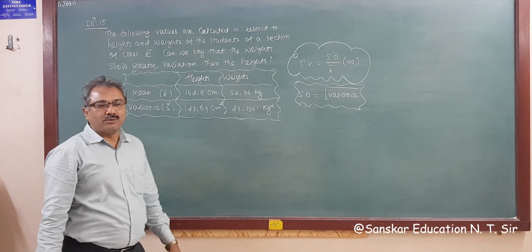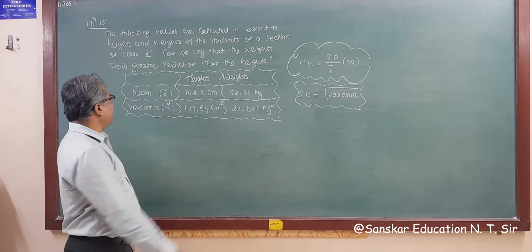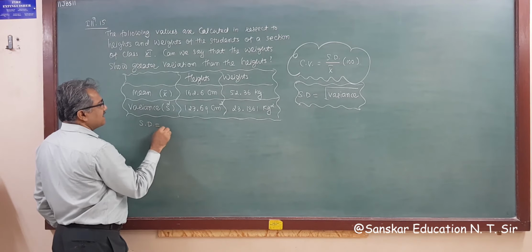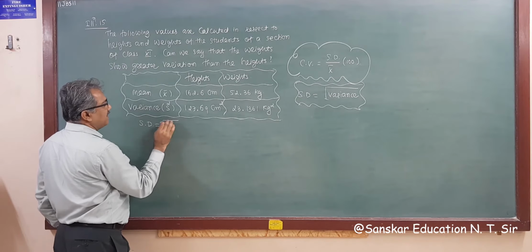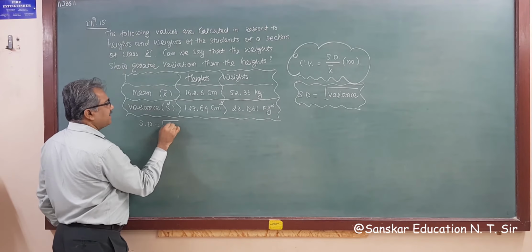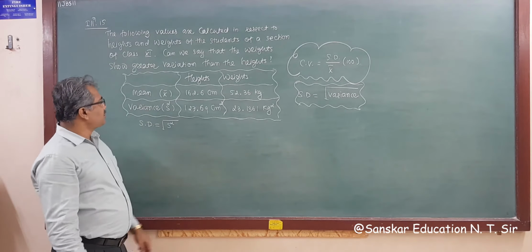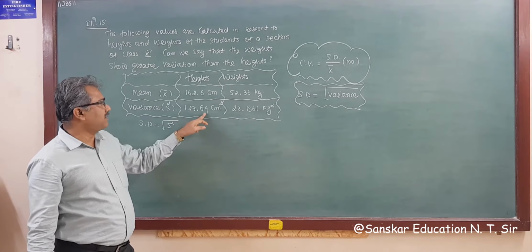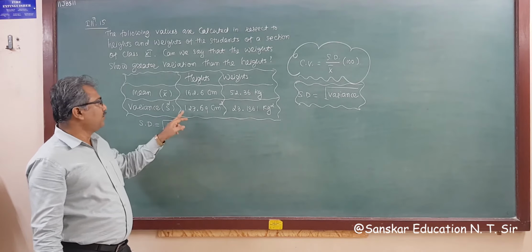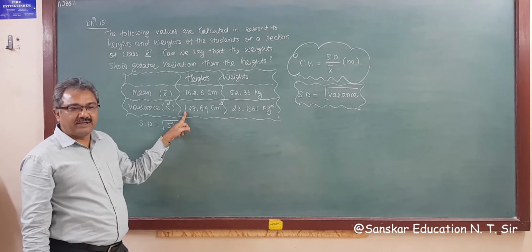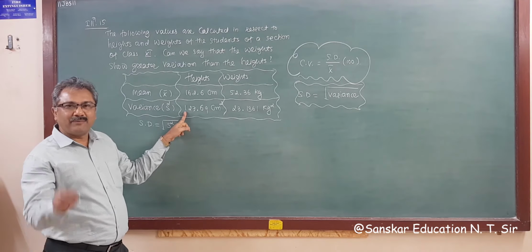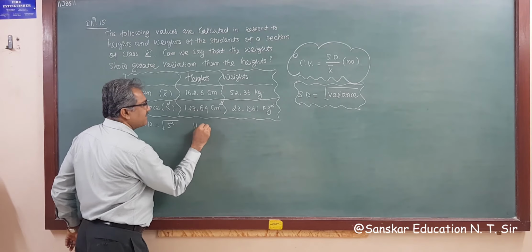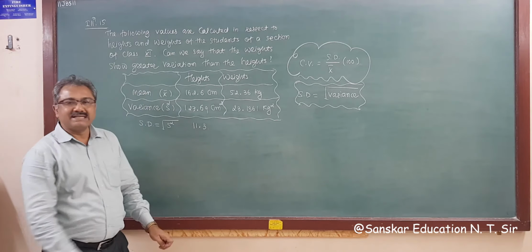So first of all, we find the standard deviation, that is the square root of S square, the square root of 127.39. You know, the square of 11 is 121, so this is 11 point something. If you count, this will be 11.3 centimeters.